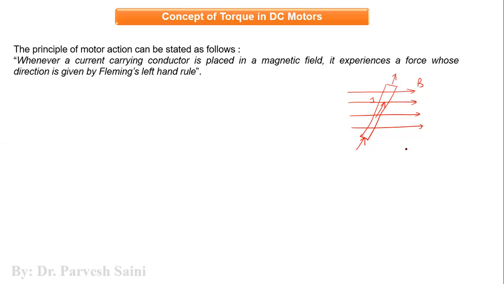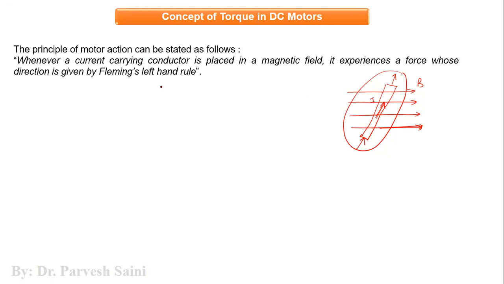So as per Fleming's left hand rule, if we put our middle finger in the direction of the current, first finger in the direction of the magnetic field, the thumb gives us the direction of force. So this particular conductor will experience a force, right?